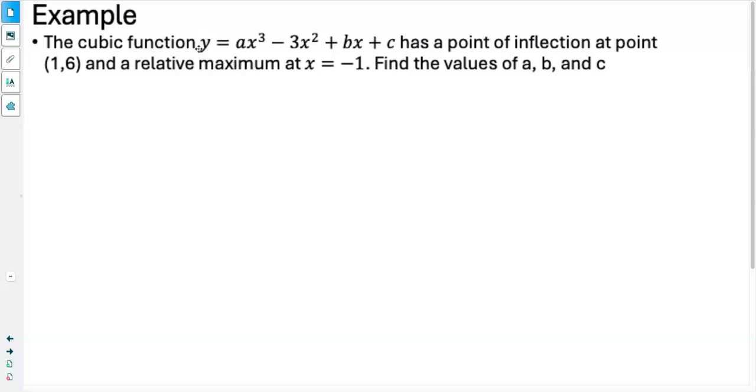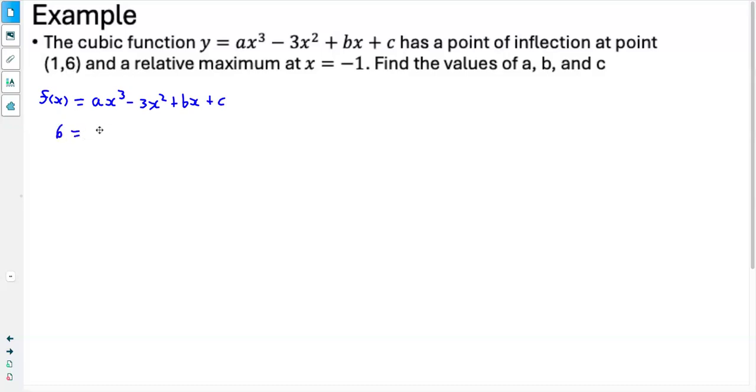Okay, so I'm going to swap out y with f of x. So we know that we have an inflection point at 1 comma 6. So therefore we know that if we have this original function, f of x equals ax cubed minus 3x squared plus bx plus c, and we know we have an inflection point that is 1 comma 6.